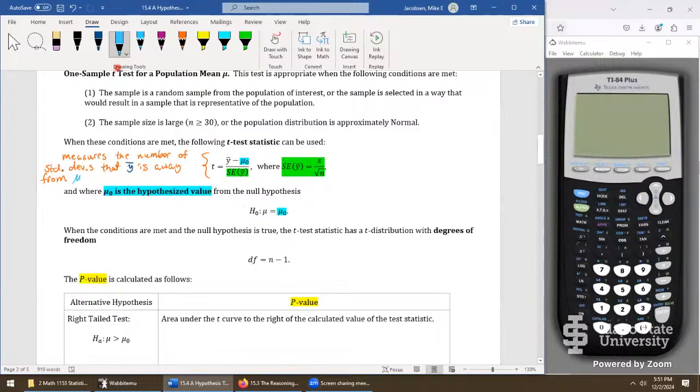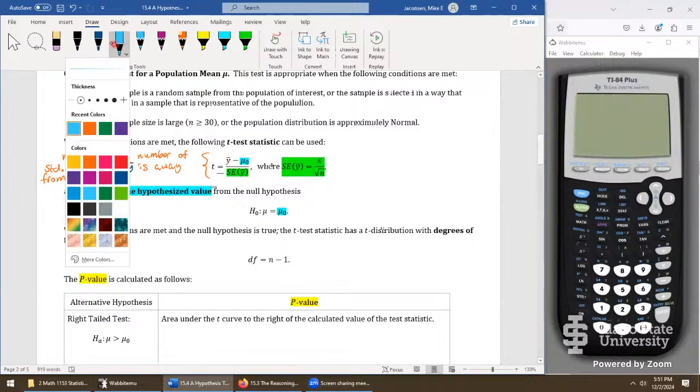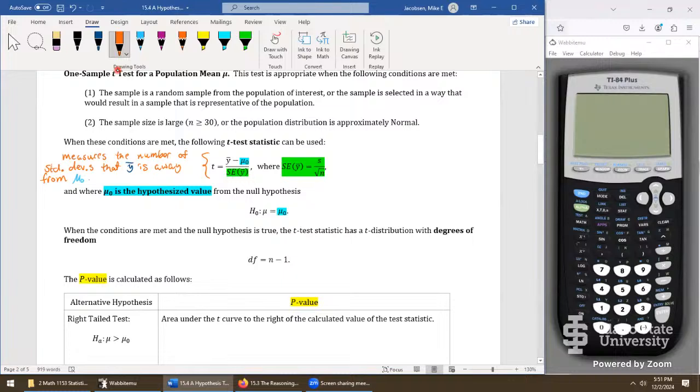This is your research claim about the data, that nothing has changed, the null hypothesis. So t is once again nothing but a z-score, really. It's measuring number of standard deviations.